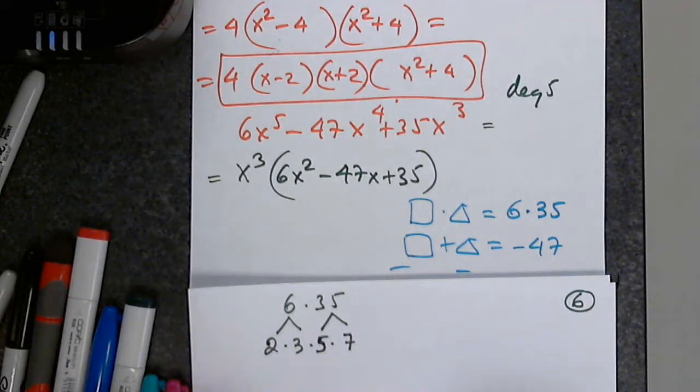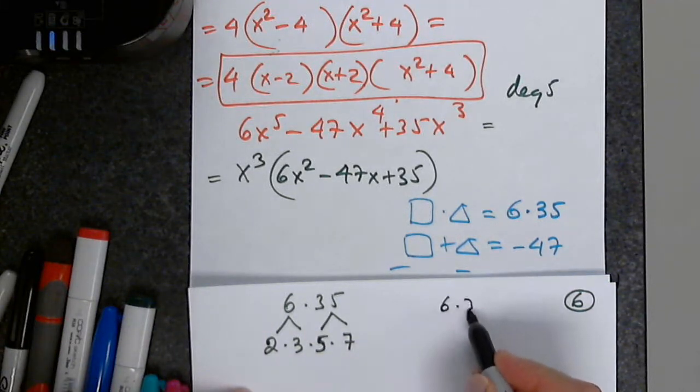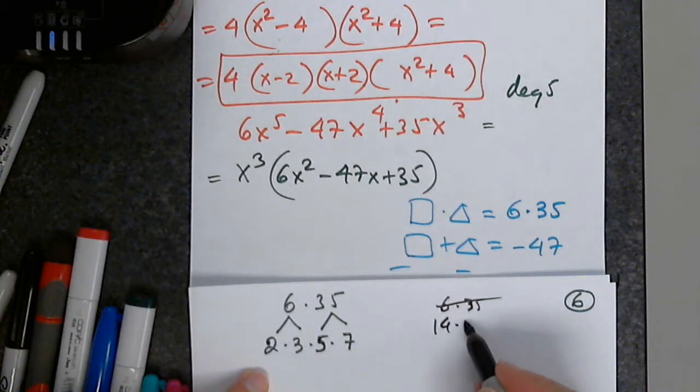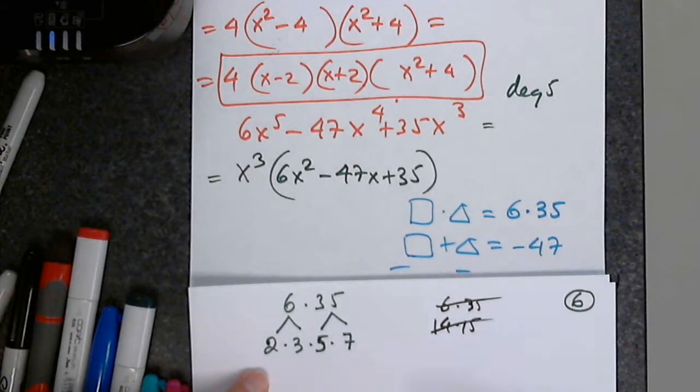Like, for example, I would write 6 times 35 does not work. I will write 2 times whatever you want to say, the whole thing. So 14 times 15, not good, because the sum is not 47.